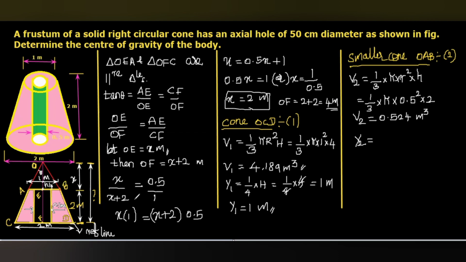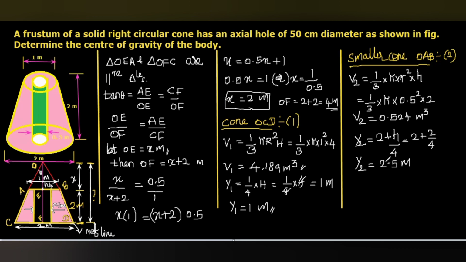So this will be 2 plus h by 4, and we know h is 2 meters. So 2 plus 2 by 4, that is 0.5. So finally, Y2 is 2.5 meters.